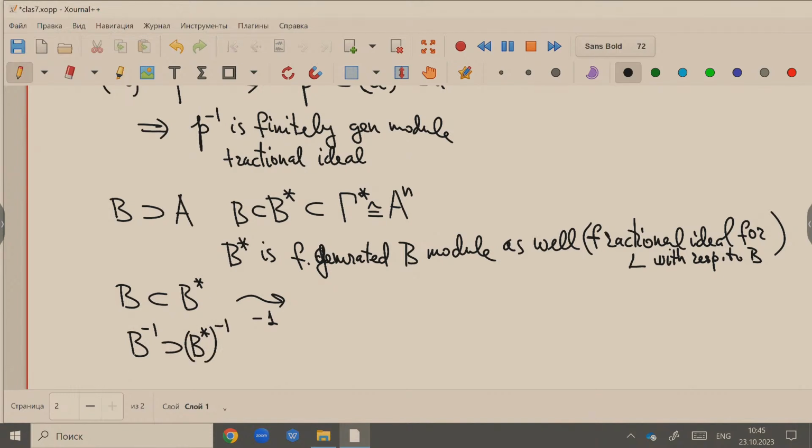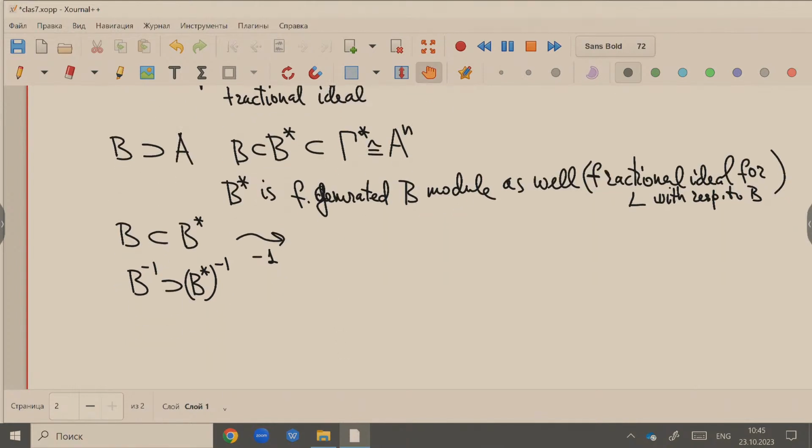But notice that when we have studied the rings, B was integrally closed, so the property that B times B inverse was a subset of B implies that elements of B inverse are integral over B, because B inverse is a finitely generated B module.